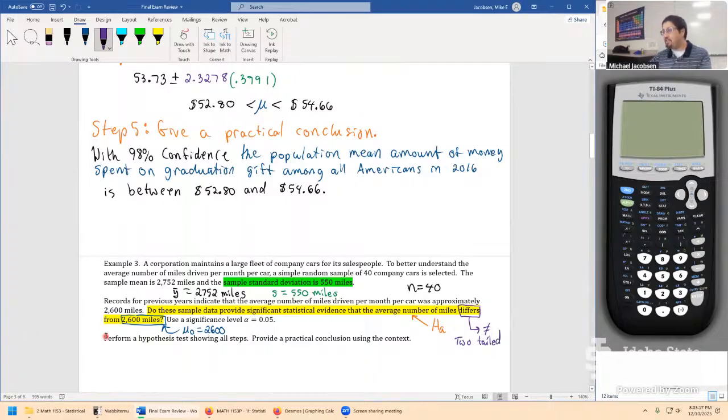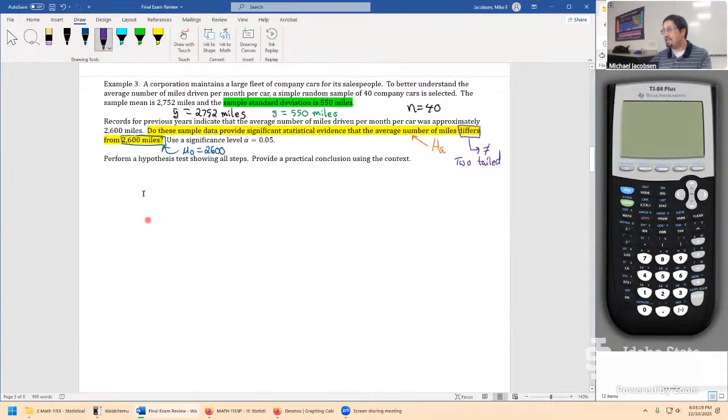And here's the whole set of instructions. Again, kind of frustrating. Perform a hypothesis test. Provide a practical conclusion using the context. I think on example 1, I forgot to write this in, but it did say use a significance level. Alpha is 0.05.